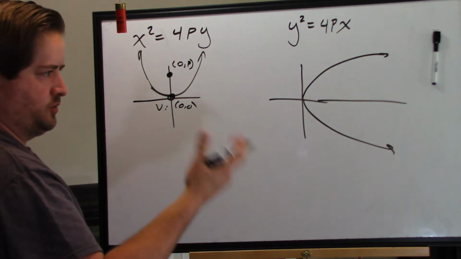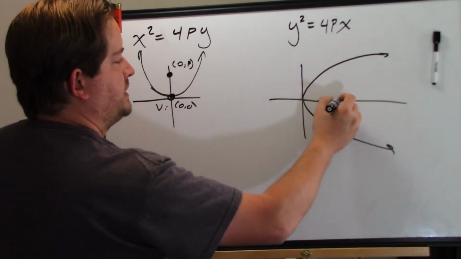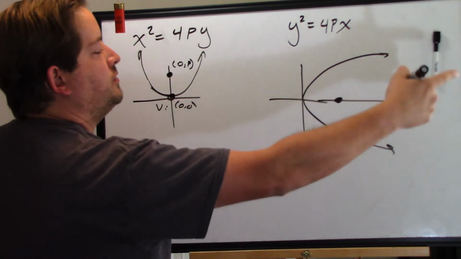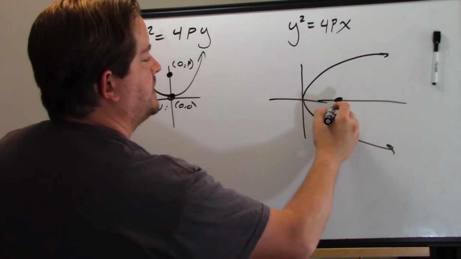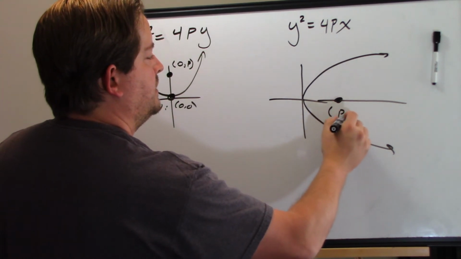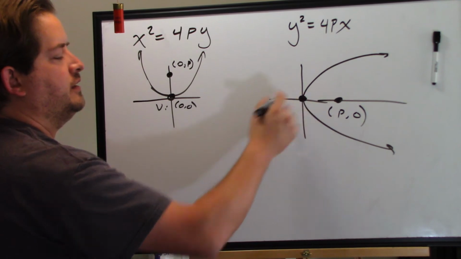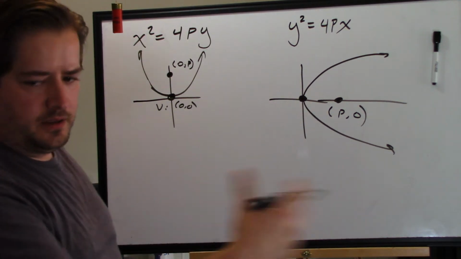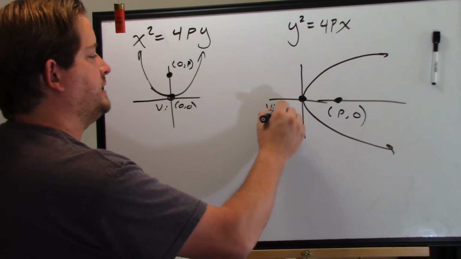All of my y values, both positive and negative, are covered here. And again, I have this focus inside the parabola, p units in, but it's p units to the right, and so this happens at p, 0. And again, of course, we haven't shifted anything. We're not going to shift anything until 11.4. So my vertex is again at 0, 0.